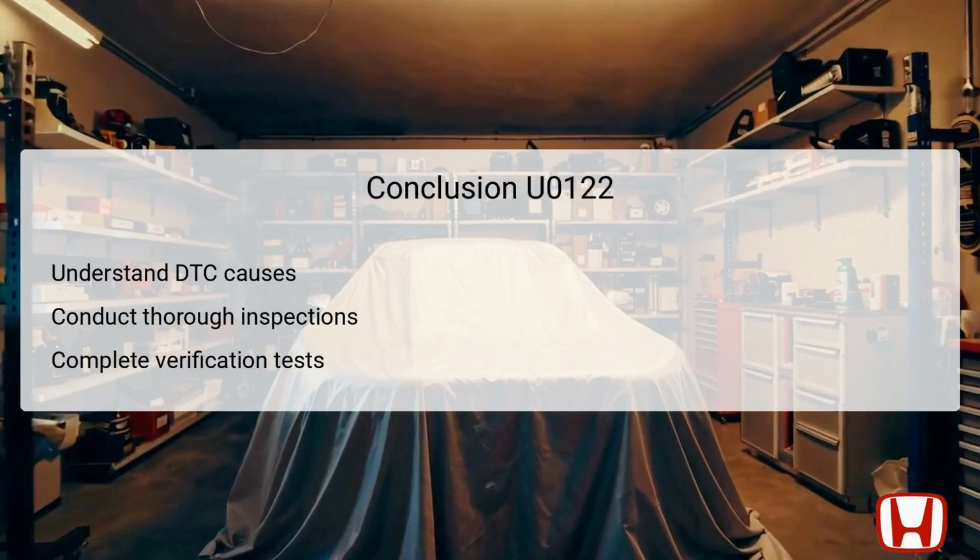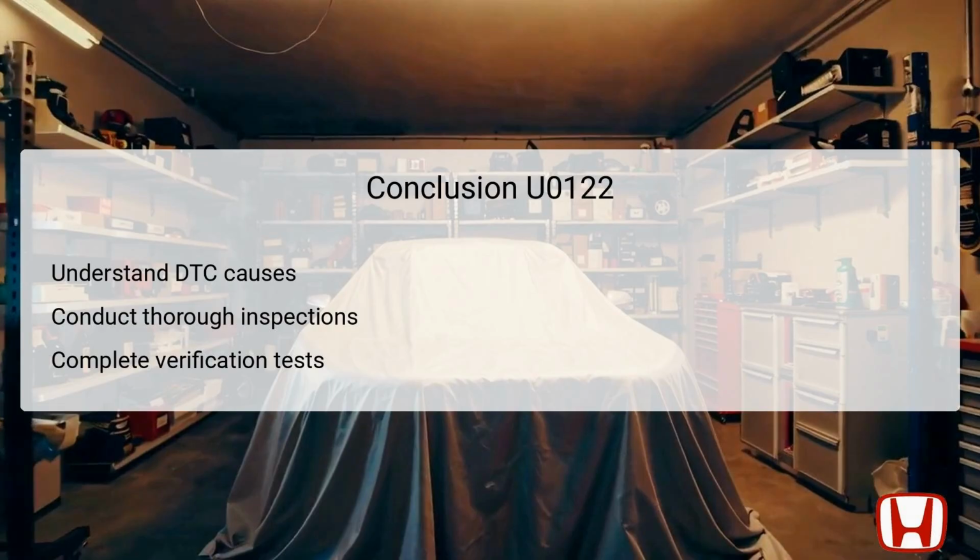In summary, addressing DTC U0122 involves understanding its causes and undertaking systematic troubleshooting steps. The diagnosis begins with recognizing potential faults in the VSA modulator control unit and its associated power/ground circuits. Conducting thorough inspections is vital in identifying underlying issues that can lead to communication failures between the PCM and the VSA unit.